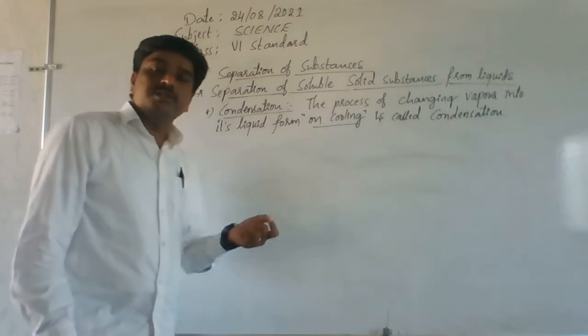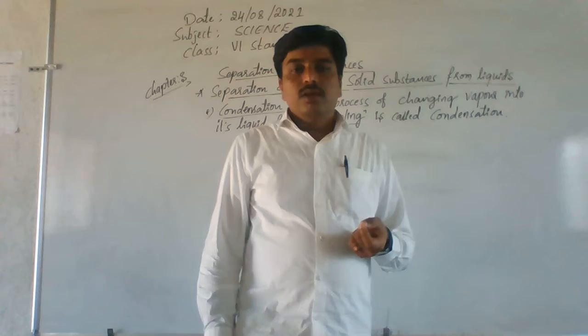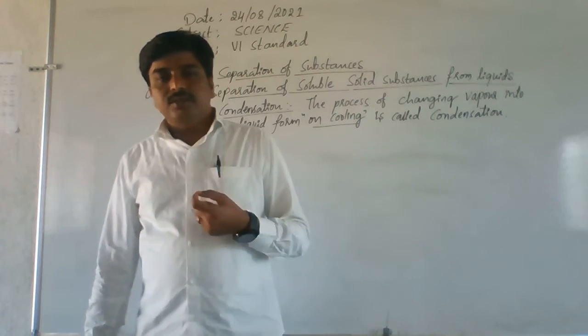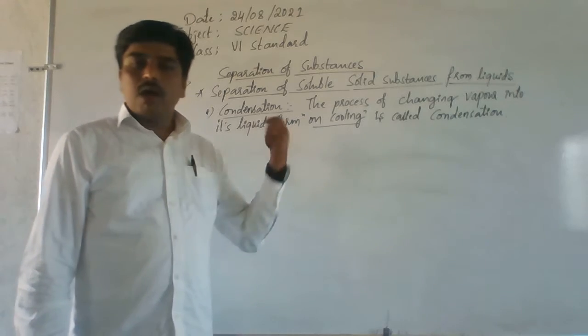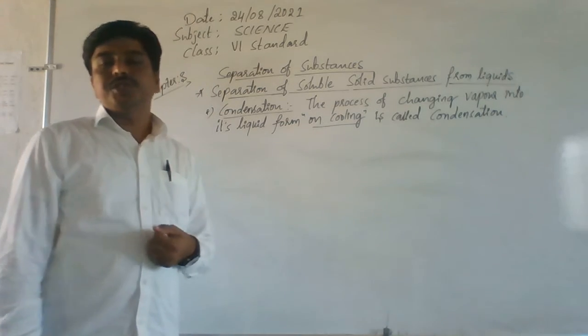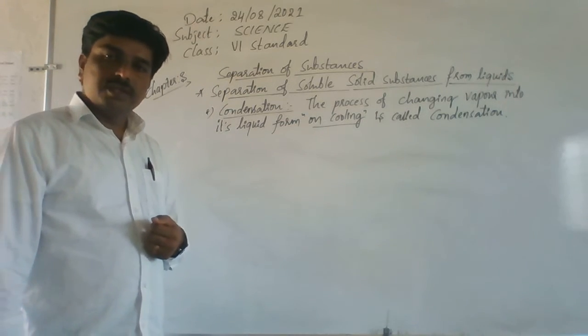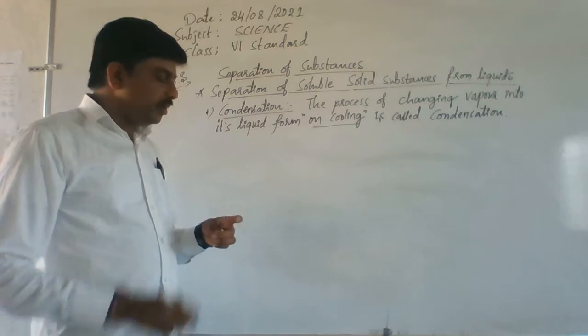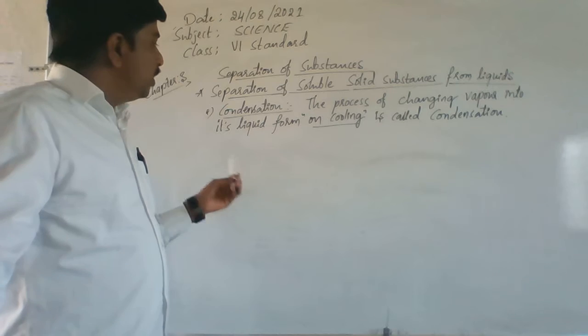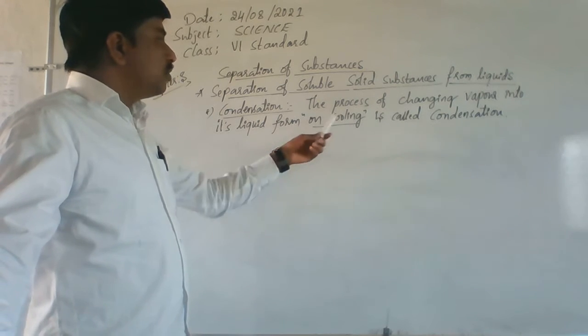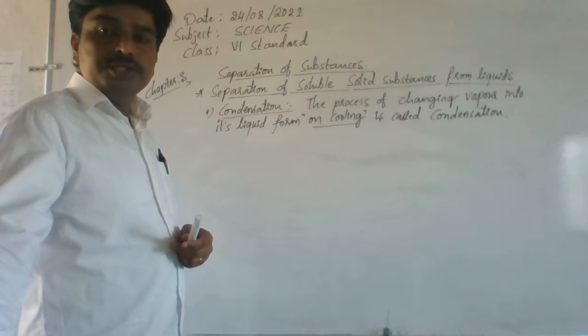When this method is used, if we want to get a liquid substance from a mixture, you have to use this condensation method. Very simple: the process of changing vapor into its liquid form on cooling is called condensation.